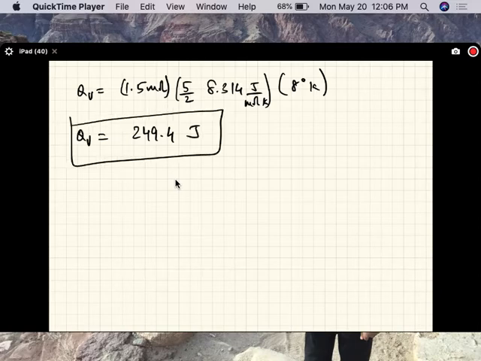So to warm 1.5 moles of air, you have to add 250 joules of heat to warm it from 25 degrees Celsius to 33 degrees Celsius.